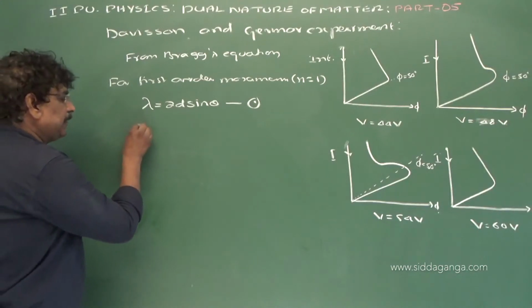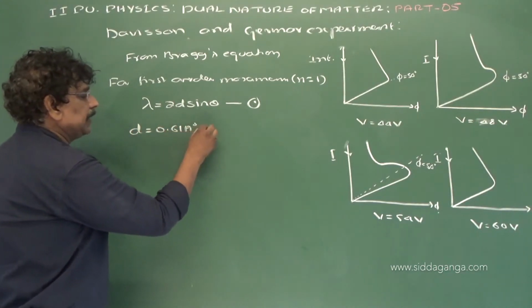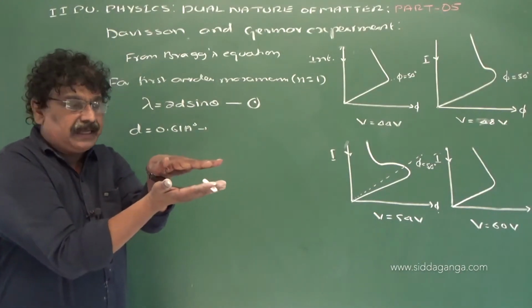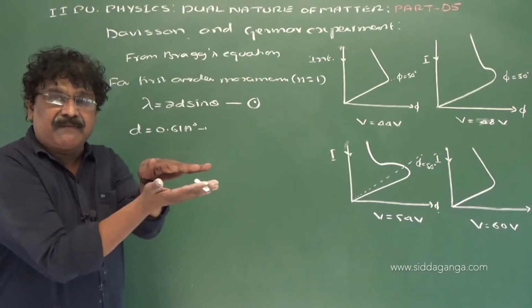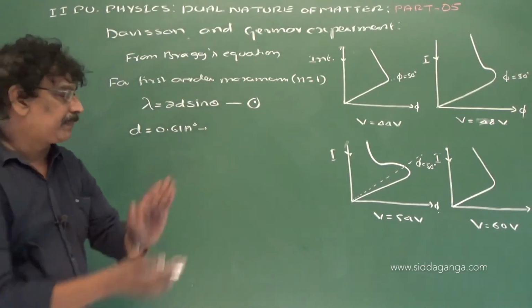Here the value of d is equal to 0.61 angstrom unit. That is the spacing between the atomic planes of nickel crystal, which acts as a slit here.